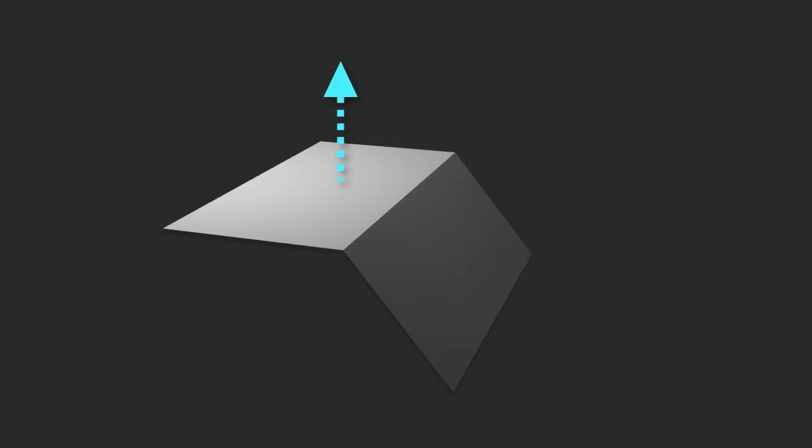If you imagine an arrow pointing directly up from a surface, like this, it's called a surface normal in 3D modeling or in mathematics, but you can think of it as the direction the surface is pointing. The angle that this orientation makes with a light source will determine how much the light is illuminating the surface. So if it's pointing right at the light, it's bright, and if it's pointing away, it's dark.